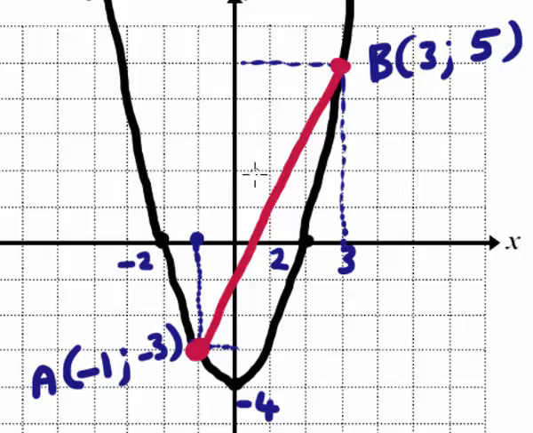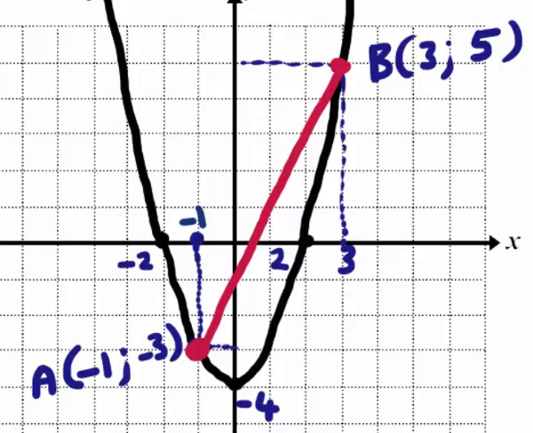You could have chosen these points in any different way, but we chose x as -1 and x as 3, and we're working out the average gradient of the parabola between those 2 points, which happens to be the gradient of the line itself joining those 2 points. So that's really what average gradient is: the gradient of the line joining the 2 points.